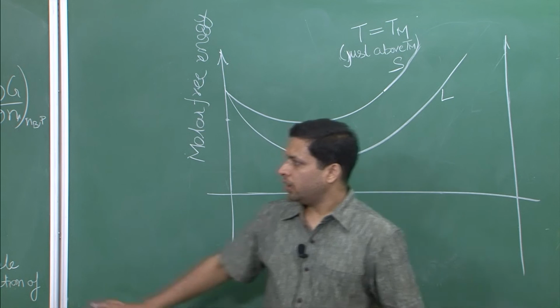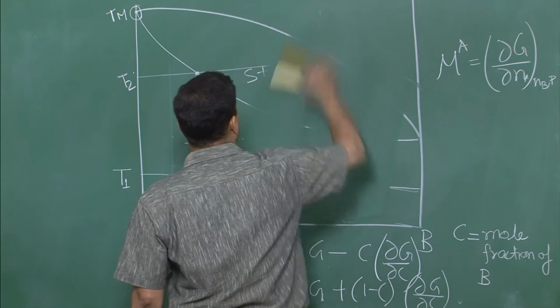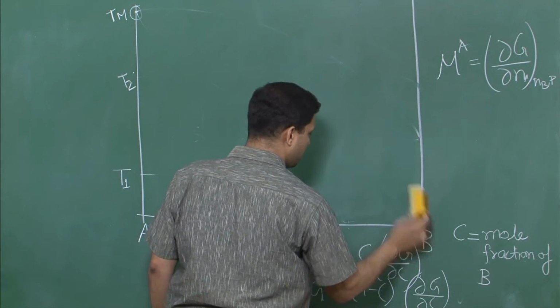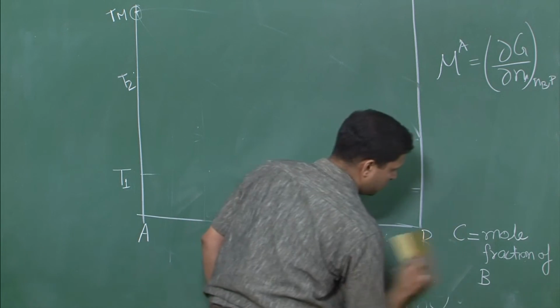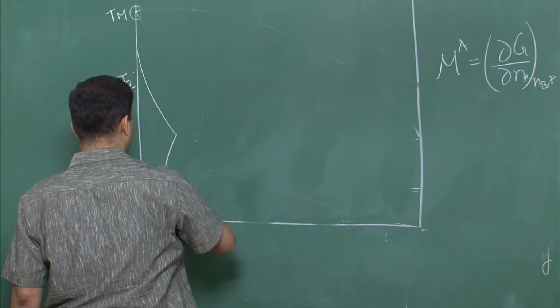Now this was a very simple phase diagram that we were looking at. What I would like you to try on your own is to find out how the free energy diagram would look for a little bit more complicated system, which is a eutectic system.